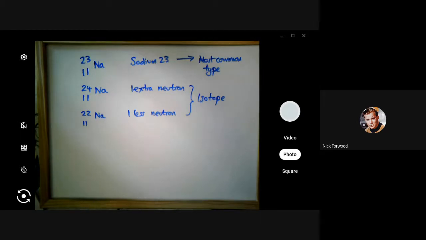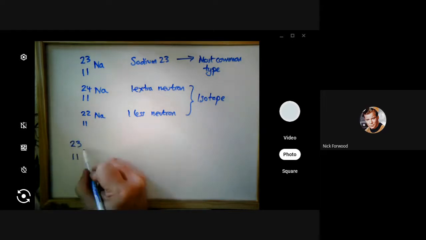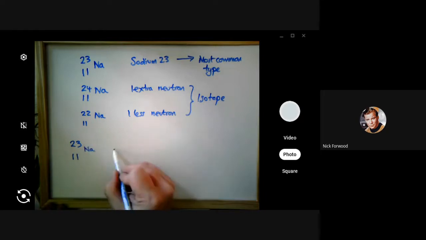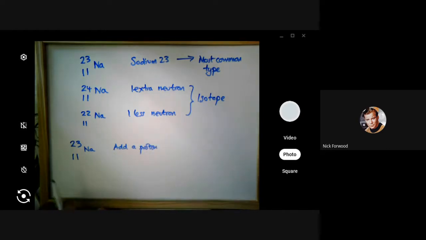If you could actually add a proton, let's take our 23 11 sodium, and then add a proton, then you'd end up with 12 protons.